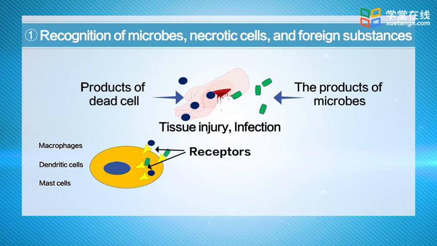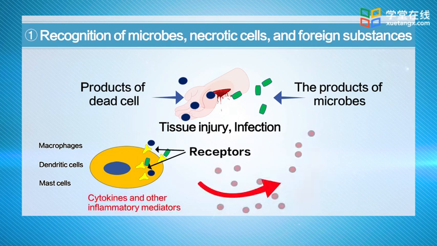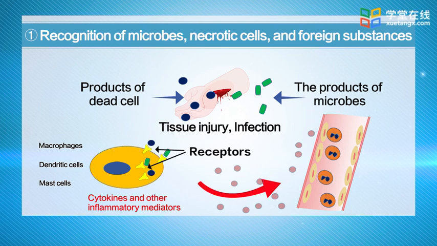These cells produce cytokines and other inflammatory mediators to trigger vascular and cellular reactions. Inflammatory mediators are chemical substances that initiate and regulate inflammatory reactions.